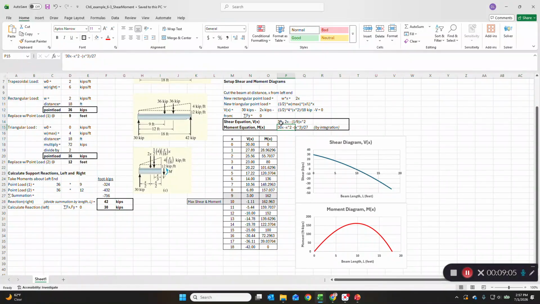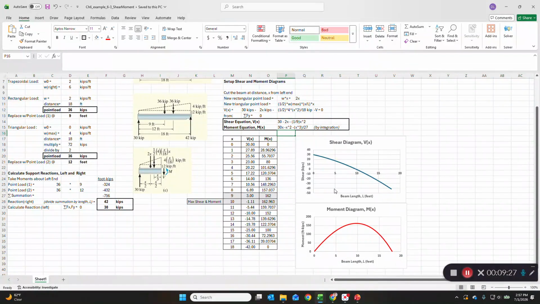The moment function would be then 30x minus x squared minus x cubed over 27. Okay, so if you're not familiar with how these were derived, you'll have to review your integration. It's really just power rule integration, and this should be plus constant, but we're going to assume that constant is 0 because our moment diagram starts and begins at 0.